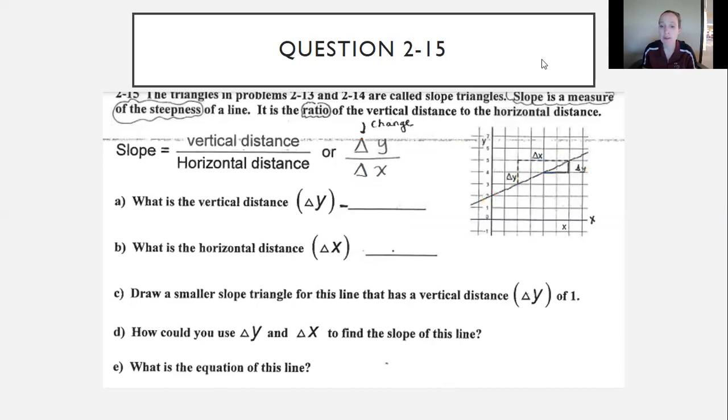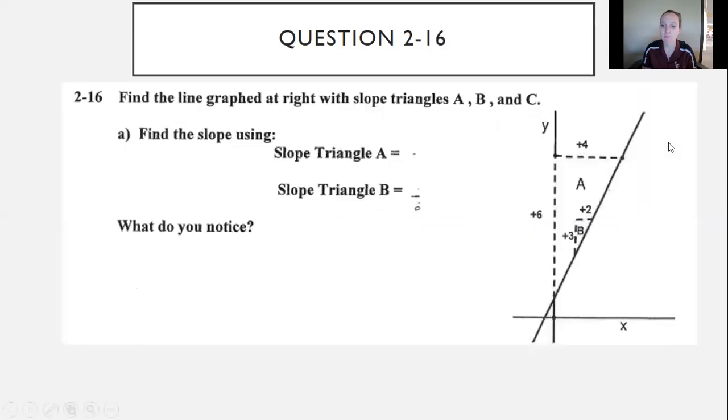Now we're going to do these next problems in class together. But I want you to try question 216. So they gave you 2 slope triangles. On this one, here's your slope. I went up this far, and on this one, I went up this far, and then on this triangle, I went over 4.